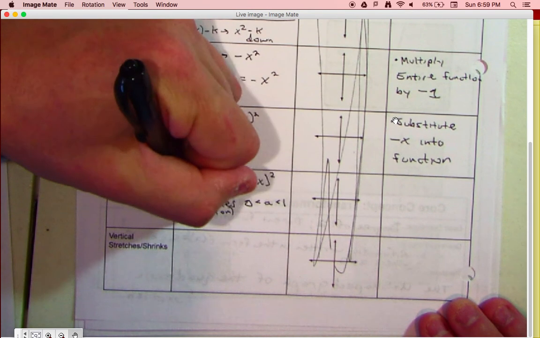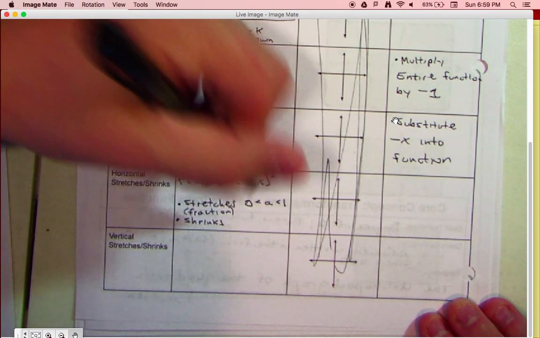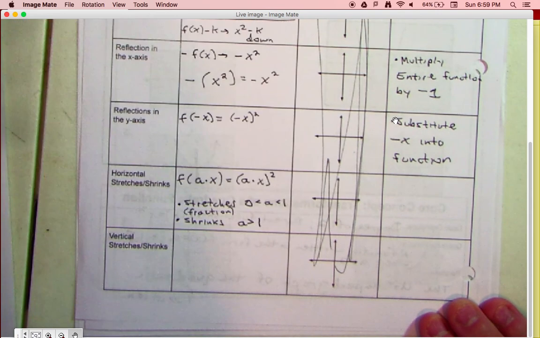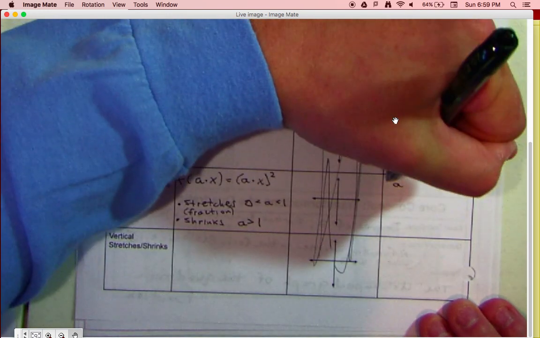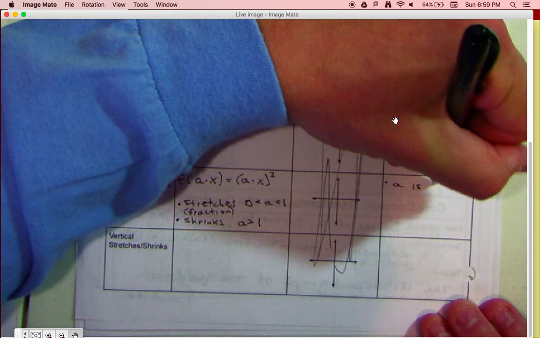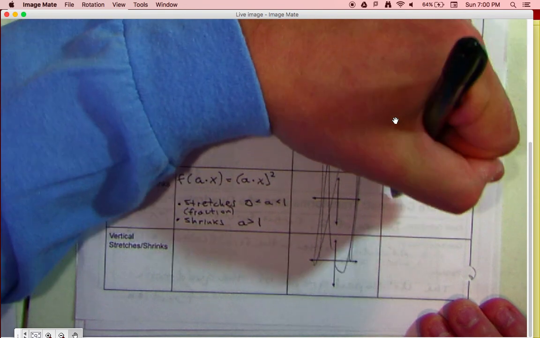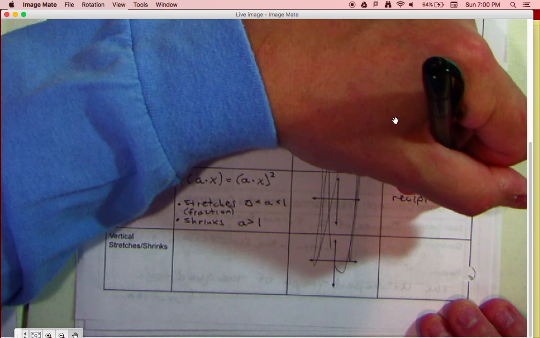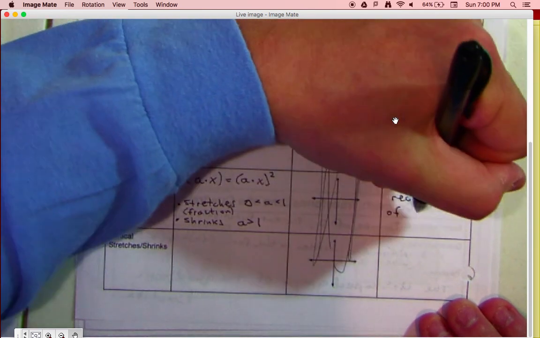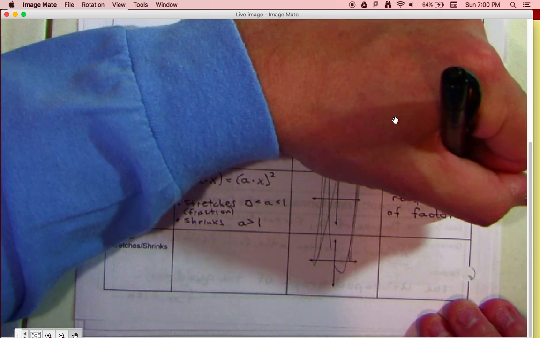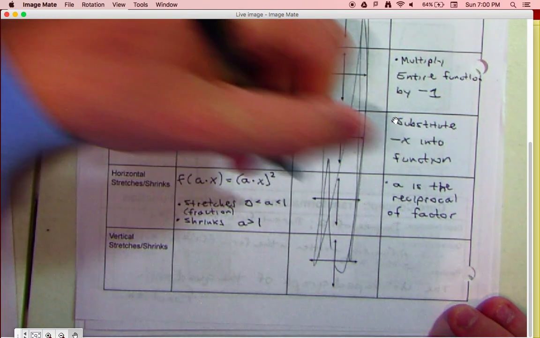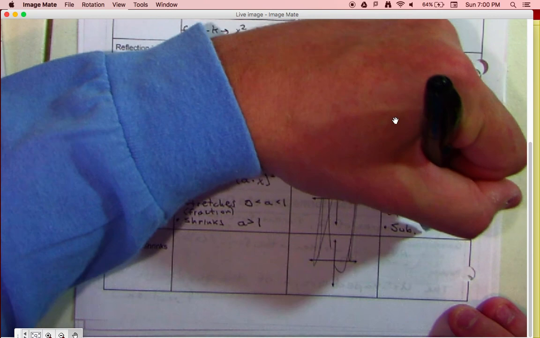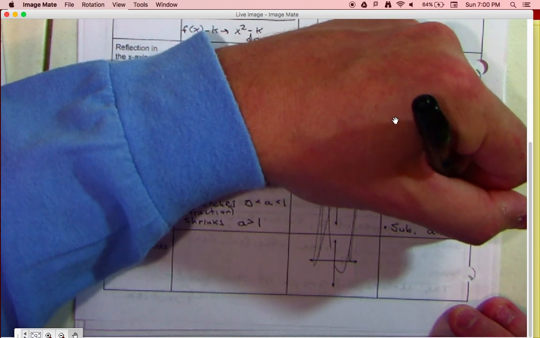And we have shrinks if a is greater than 1. Okay? Key hint right here: a is the reciprocal of the factor. So a is always the reciprocal of the factor if it's horizontal. And once again, notice how it's inside here, so we're going to substitute a times x into the function.